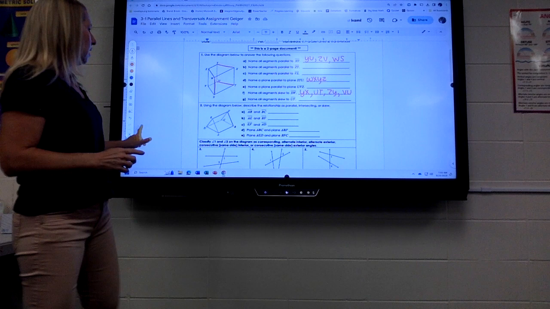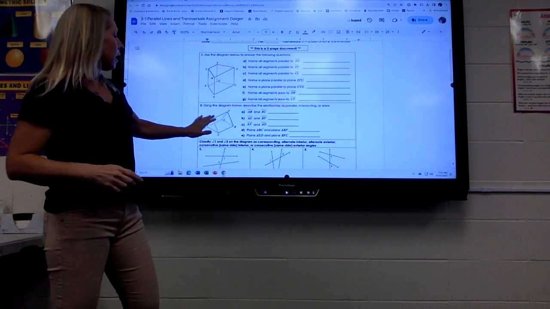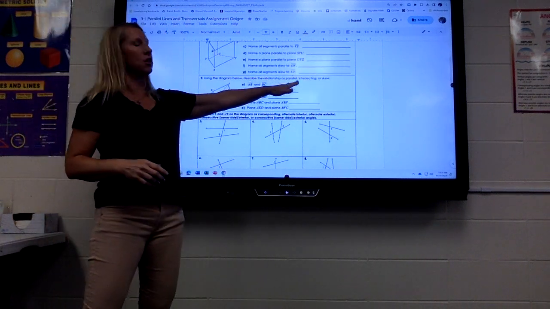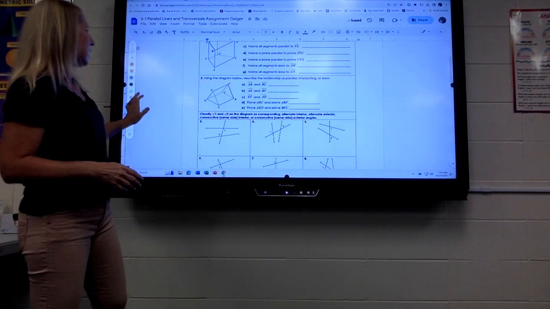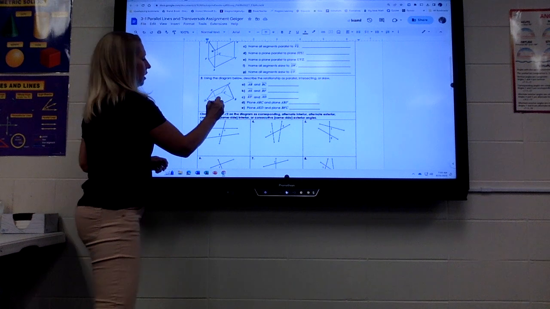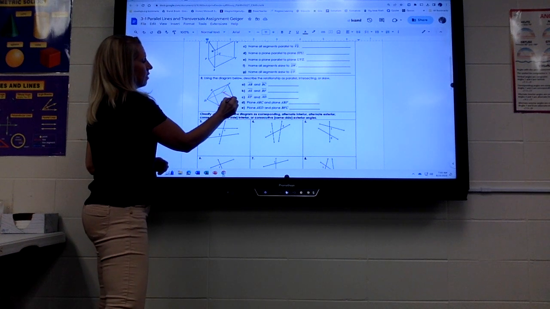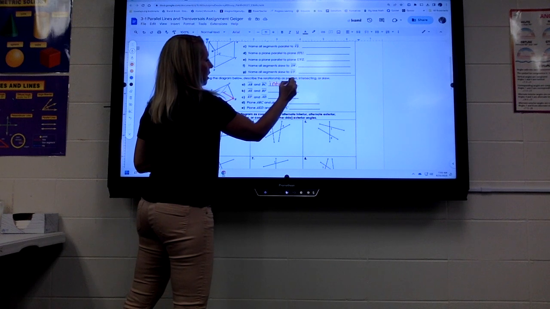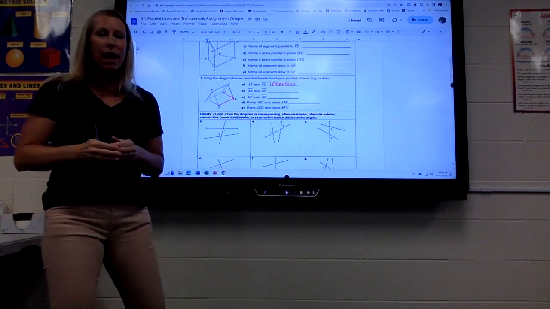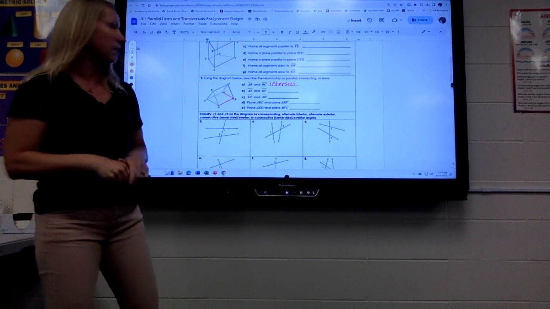And then you're going to describe as parallel, intersecting, or skew. So like A says AB and BC. So if I look at AB and BC, they actually intersect right there. So I would say intersect. So if they have a letter in common, they intersect.